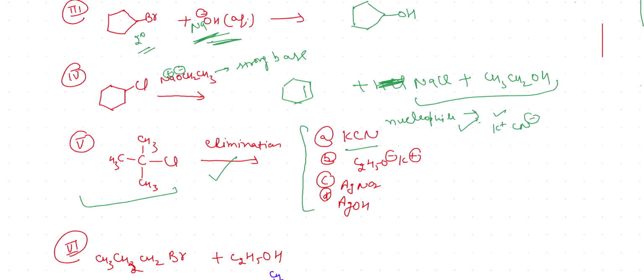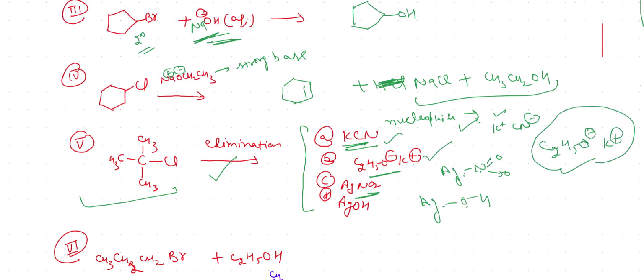AgNO2 is covalent in nature. There is a covalent bond between silver and oxygen, and between silver and nitrogen. But this is not bulky, while this is bulky compared to the first one, so the second option is good to conduct elimination reaction. Potassium ethoxide, the base, will be used.